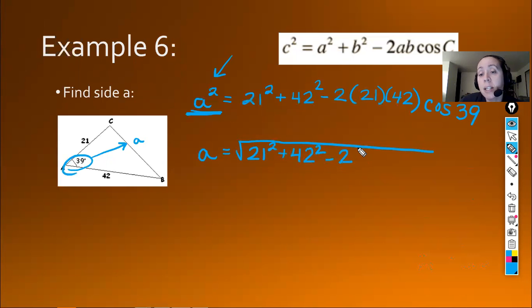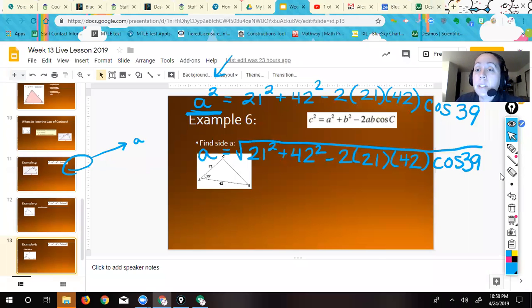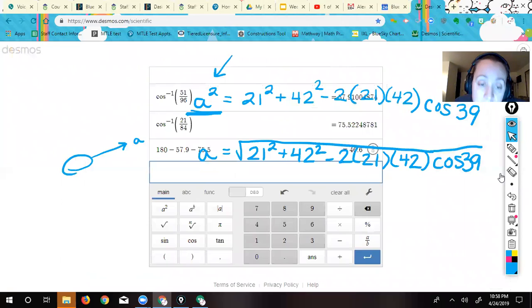Now keep in mind that Math Excel is lame, and sometimes they want you to put answers in exact form, and that means with the radical. So if they want that, then you would just calculate it here and then stick the radical over it. Okay, so let's go to Desmos and do our calculification.